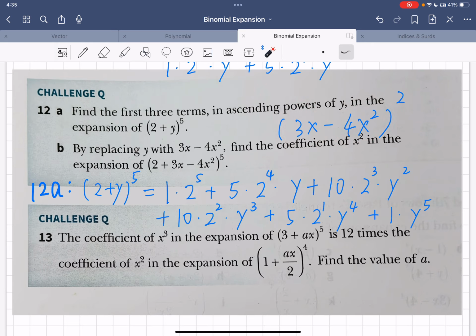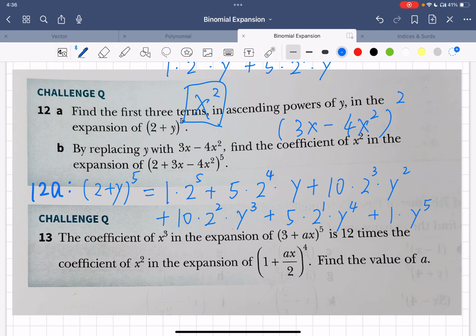And also, when both terms are multiplied together, it will give you a power of 3 because here is 1x, here is 2x, multiplied together there will be 3x. So this term can absolutely give you an x to the power 2 term. But you have to disregard or remove the terms that are irrelevant.